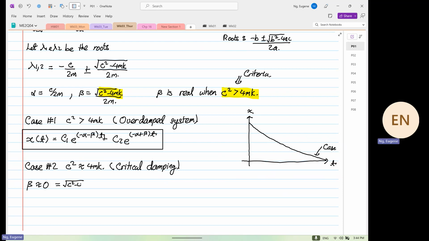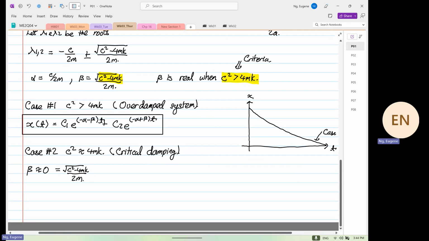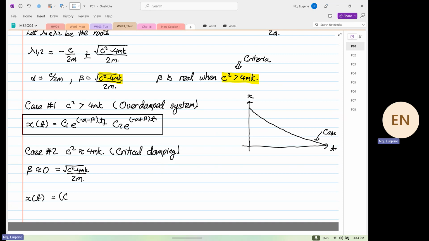The square root of c squared minus 4mk divided by what? 2m. So from here, we know that there should not be any beta in the general solution. Yes or no? So we have x as a function of time equal to C1 plus C2 t, bracket, e to the minus alpha t.